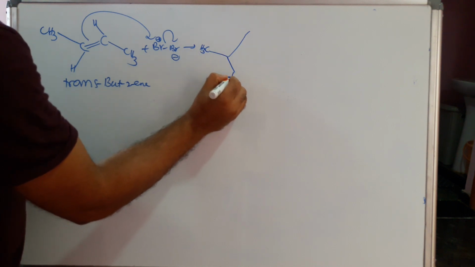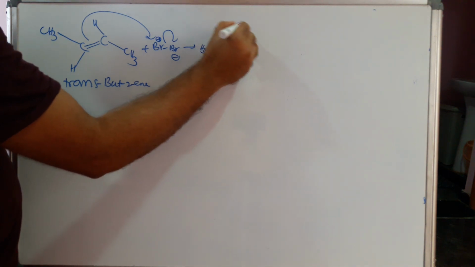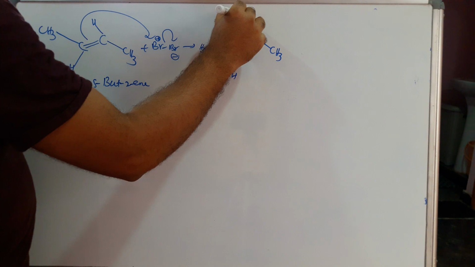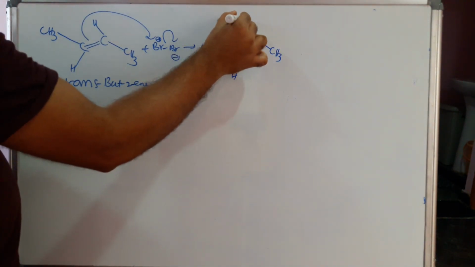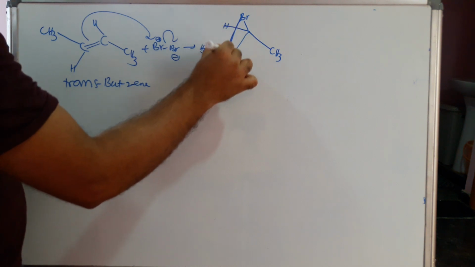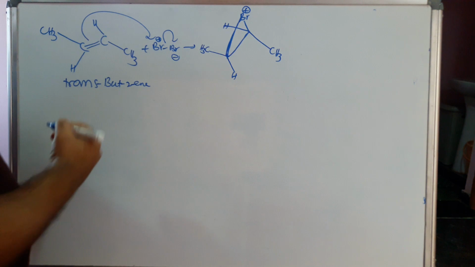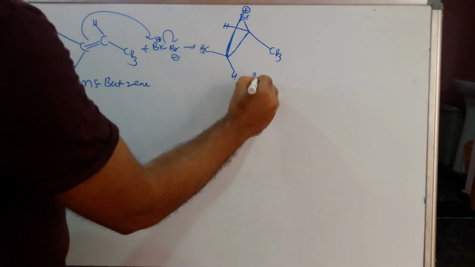This is H. This H is already there. This is CH3. And this will be the cyclic bromonium ion. This is a cycle. This is positive charge. In this transition state, the second one, bromine will attack.